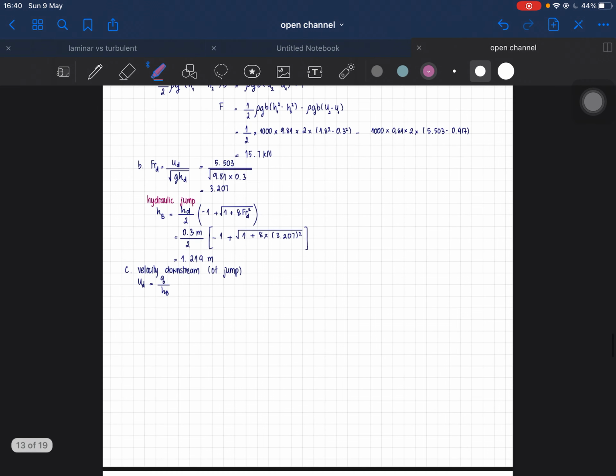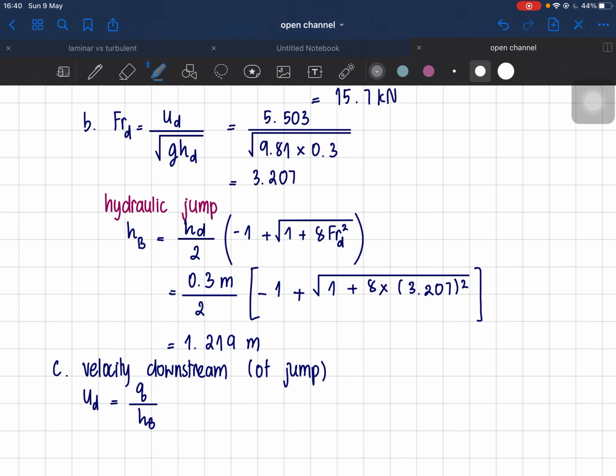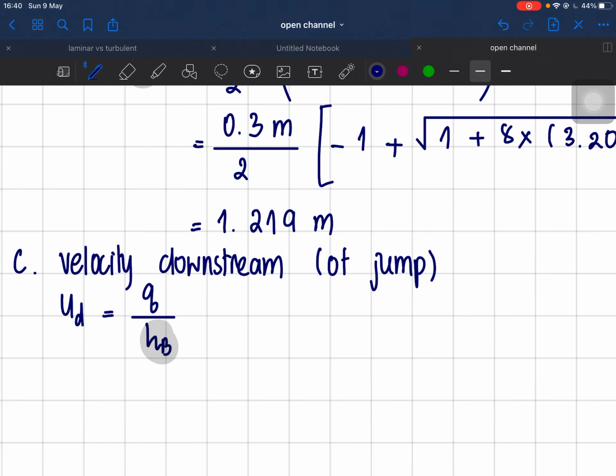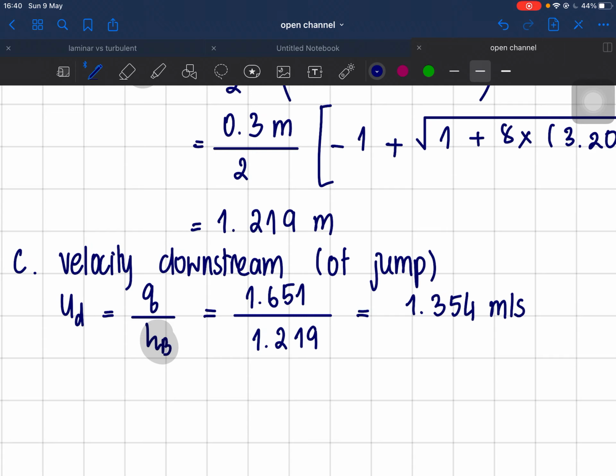So we're using the jump. We're using the HB jump. And then it is equal to 1.651 here, or 1.219, equal to 1.354 meter per second. And then we can see the total heads on either side of the jump.